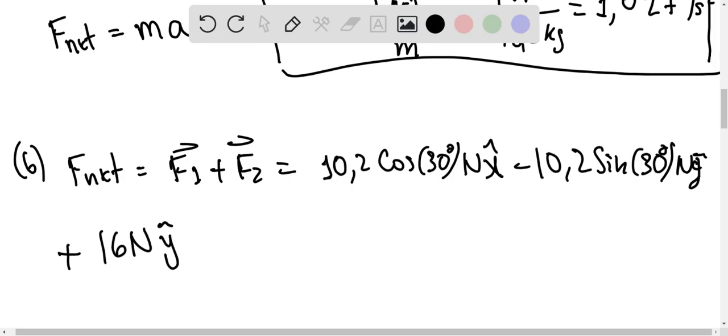Now we can combine the y part of the first force and the y part of the second force.